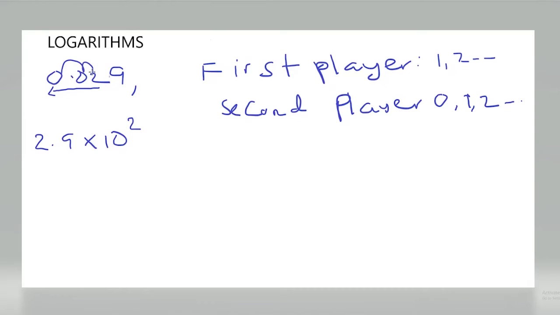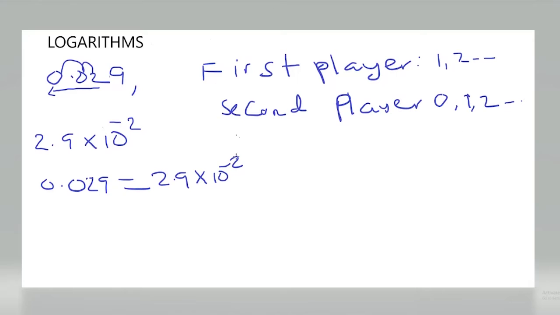The first player has moved to attain this position in a negative direction, so it's -2. Now for this case, 0.029 is equal to 2.9 times 10 power -2.